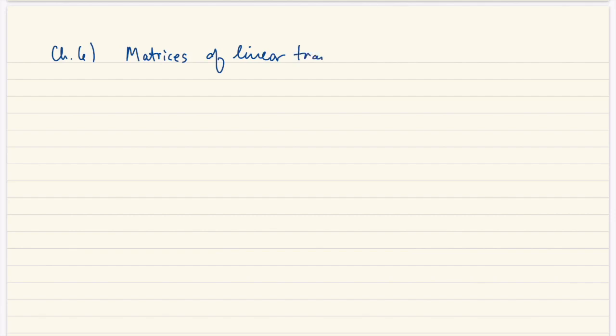It turns out that we can describe all linear transformations as a matrix, and every matrix corresponds to some linear transformation. So in a certain sense, matrices and linear transformations are the same thing, just different language for it. But at the core, they really just mean the same thing.